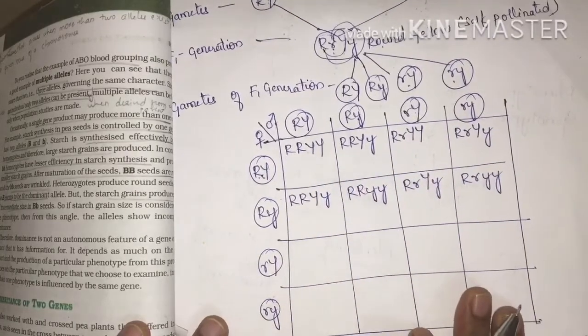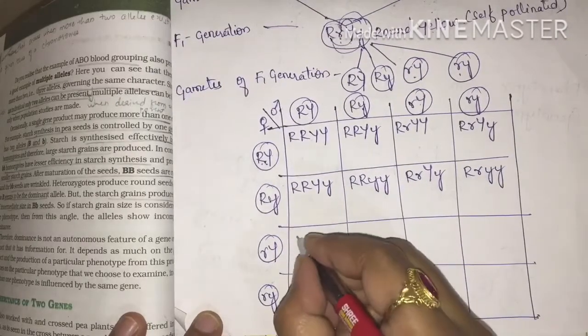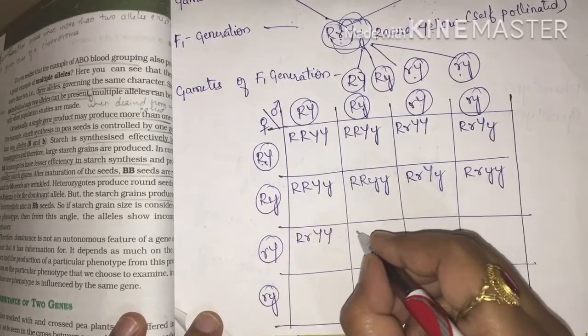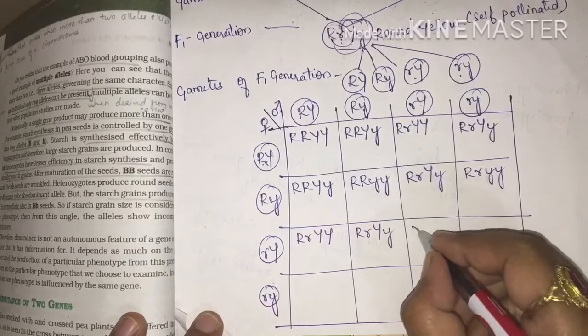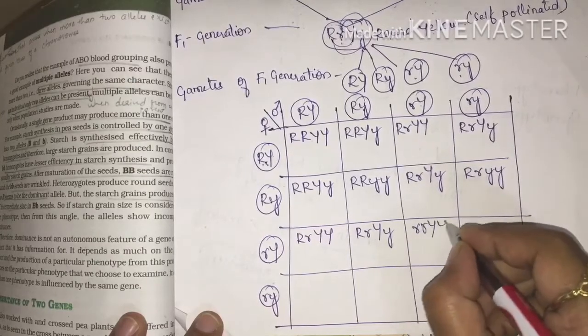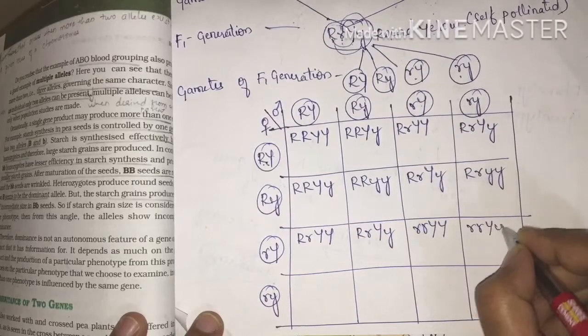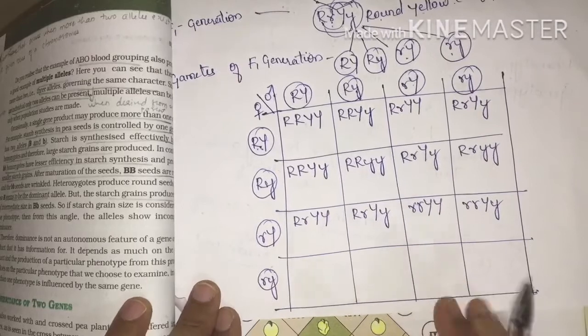Similarly, we fill in the other gametes too. You can take capital R, capital Y, capital Y; capital R, capital Y, small y; small r, capital Y, capital Y; small r, capital Y, small y. You will get these generations.